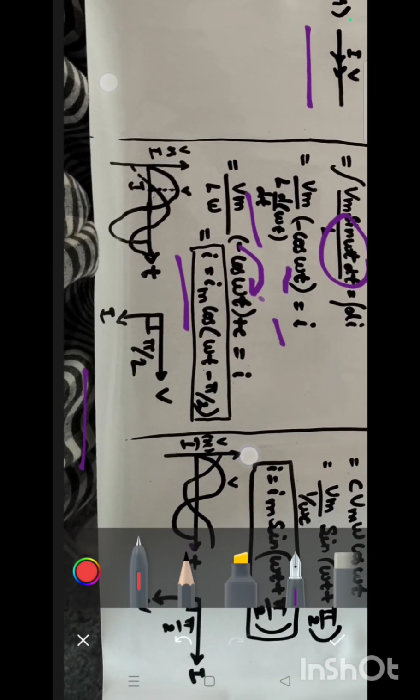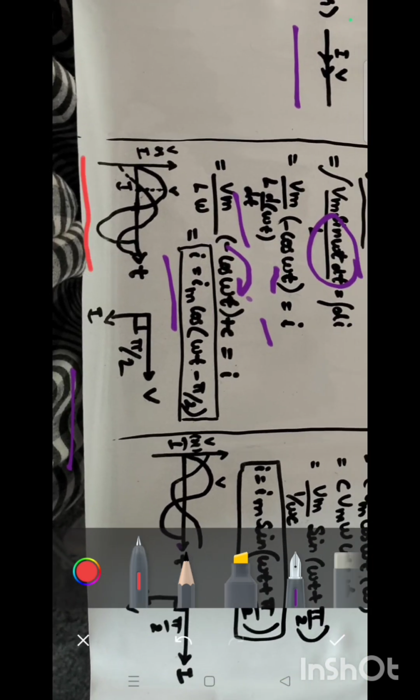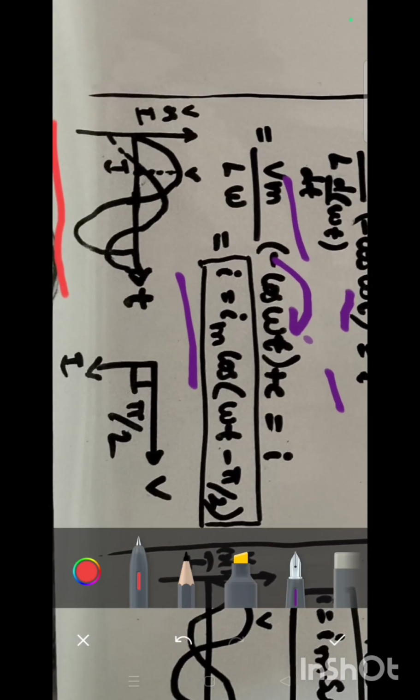Here we see this sinusoidal wave where voltage and current. Here voltage leads current by pi by 2. In AC voltage across an inductor, voltage leads current by pi by 2. We can clearly see here current lags voltage by 90 degree, because at this point it is 90 degree. 0, pi by 2, 0, pi by 2, and here it will be pi.